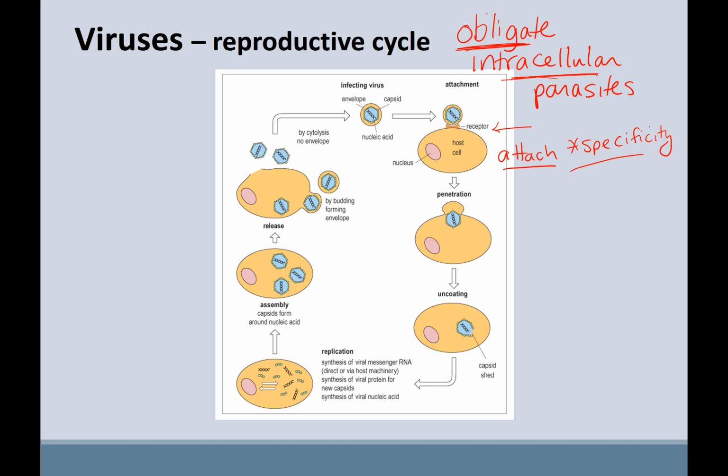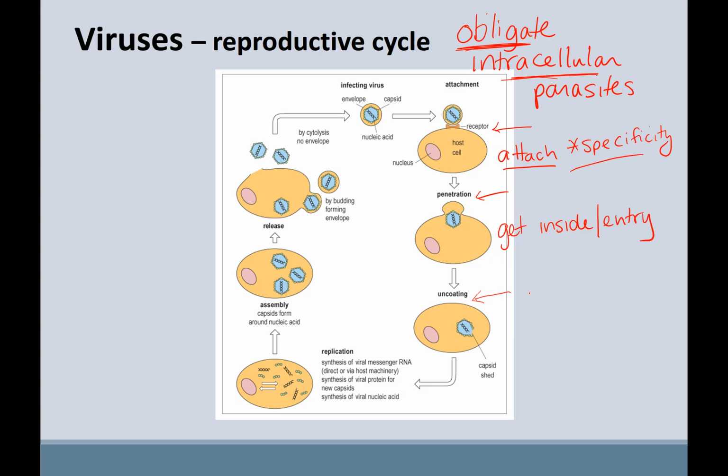Once a virus attaches, it has to get inside. Entry, or this slide calls it penetration. So somehow you have to get that genetic information into the cell so that you can make more virus.